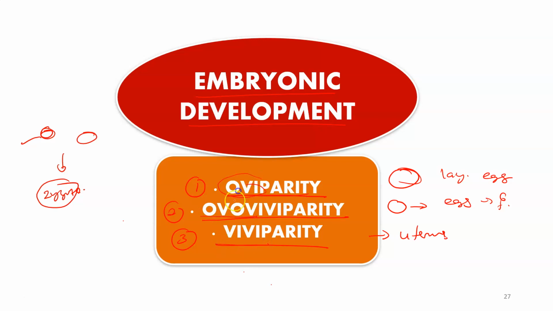Make sure you spell the term correctly. If you spell the term incorrectly, for example, you spell ovoviviparity as ovoviparity, you are missing another V here, so your answer would be incorrect. So make sure you spell the term correctly, because there is no mercy if it is wrong.